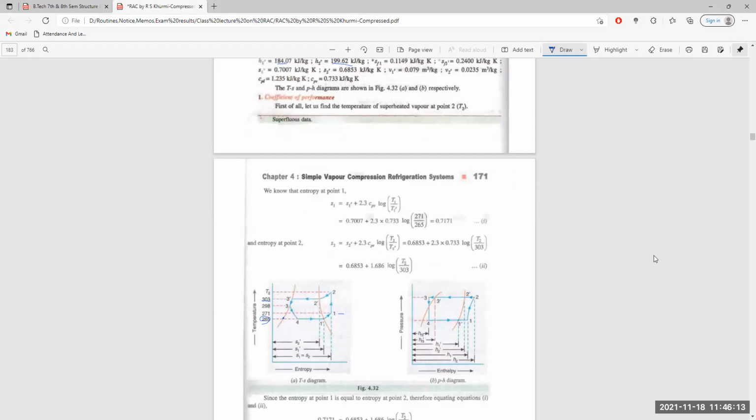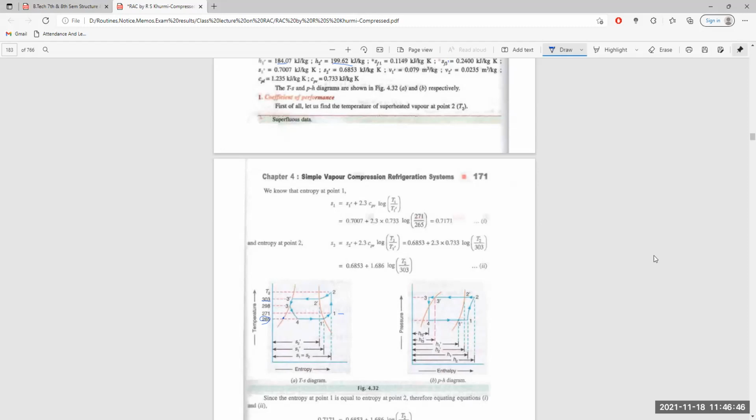So the entropy rise from this formula is available by putting the respective values of S1 dash and CPV, and T1 equal to 271 and T1 dash equal to 265. After putting these values and simplifying, we get the entropy at point 1 as 0.7171.